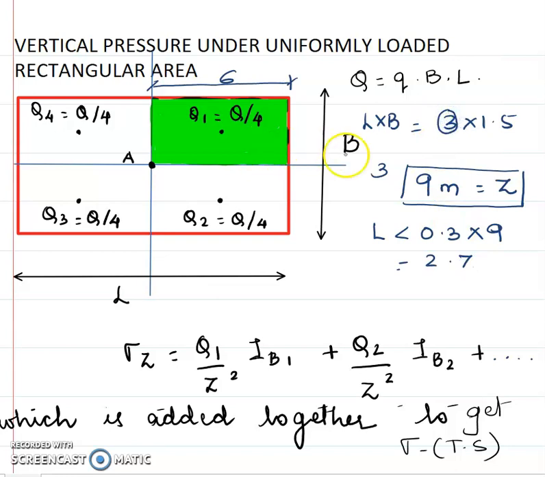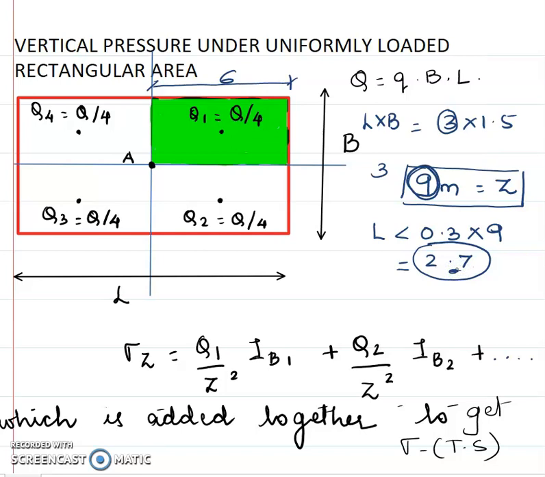So this division is not valid if the depth is 9 meters. Okay, that means each area cannot have L or B greater than 2.7; the largest dimension of this unit should be less than 2.7. So your L has to be less than 2.7.